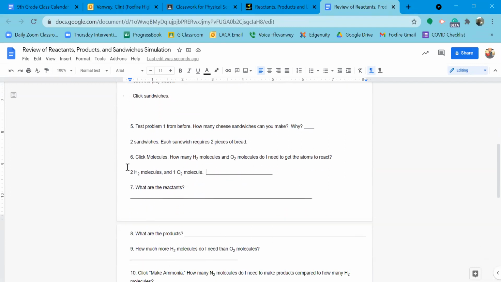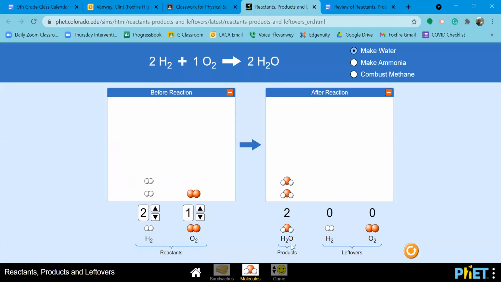Right, what are the reactants? Well, it's this. My reactants are the H2 and the O2. What are my products? The products are right here. They're on this side.